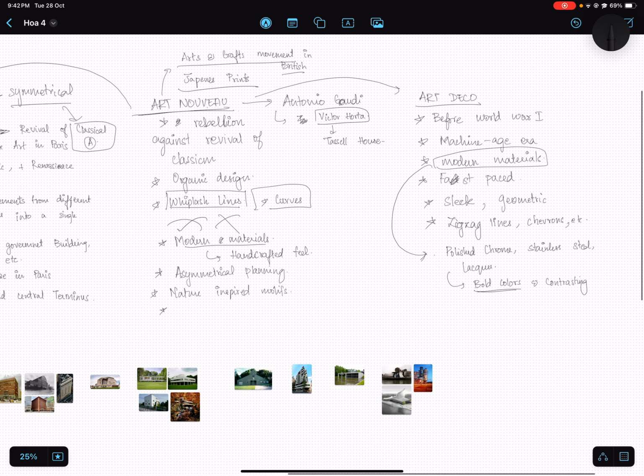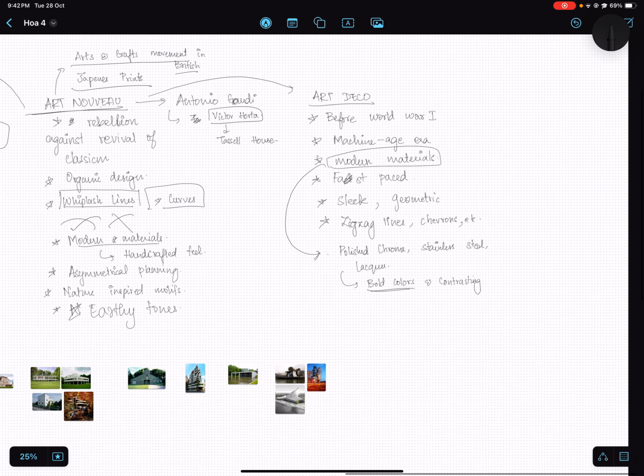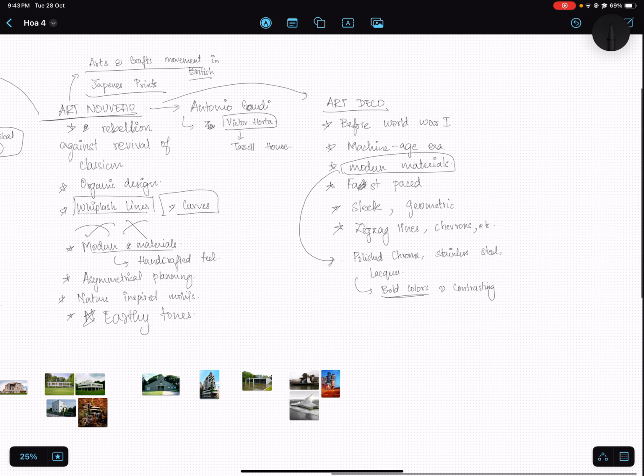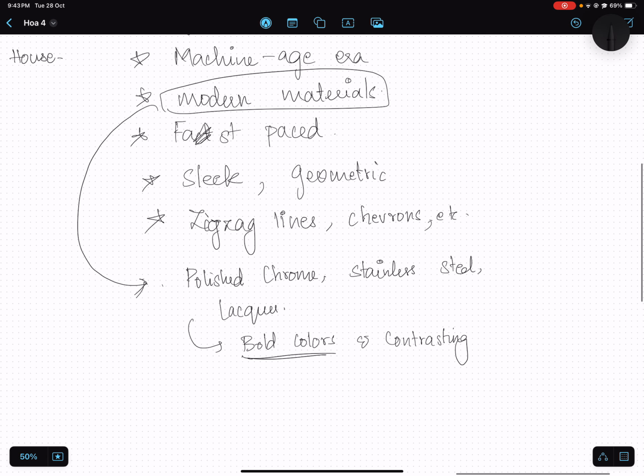This had more earthy tones. So they used a lot of bold and contrasting colors.